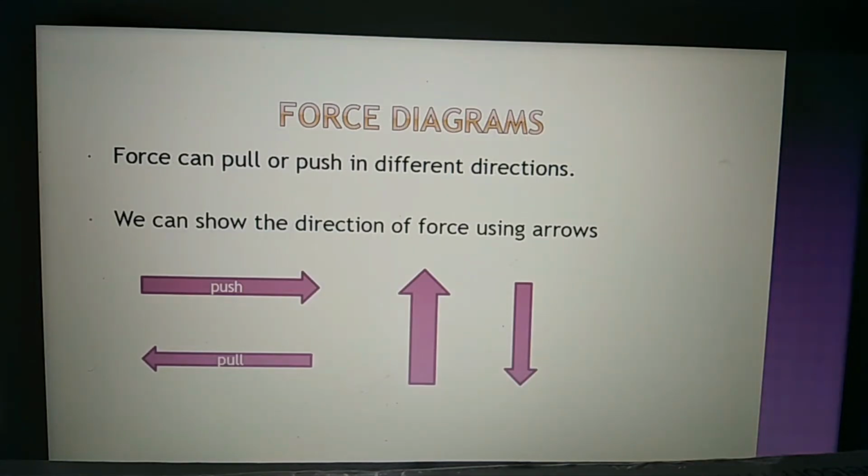So, force diagrams. Force can pull or push in different directions. We can show the direction of force using arrows. If it's a push, it goes away from you, or away from the force.